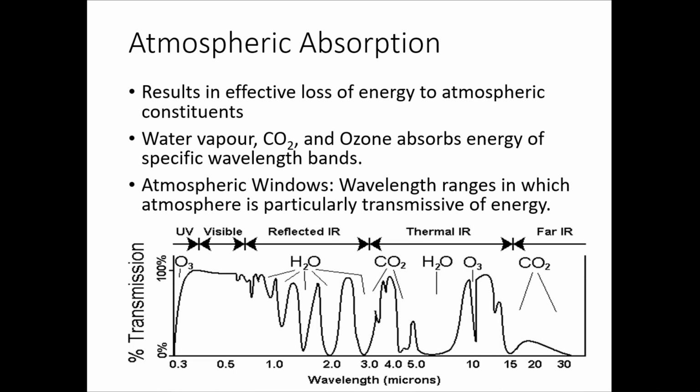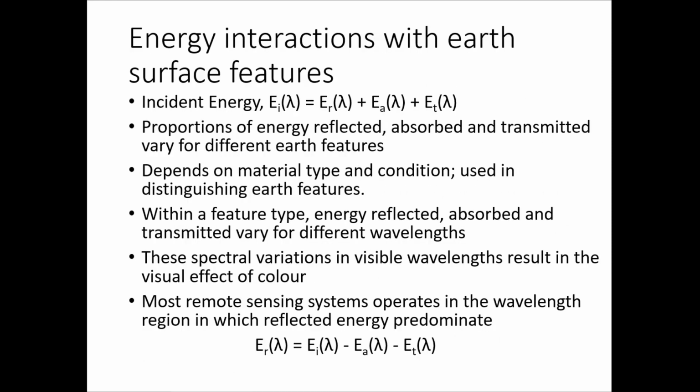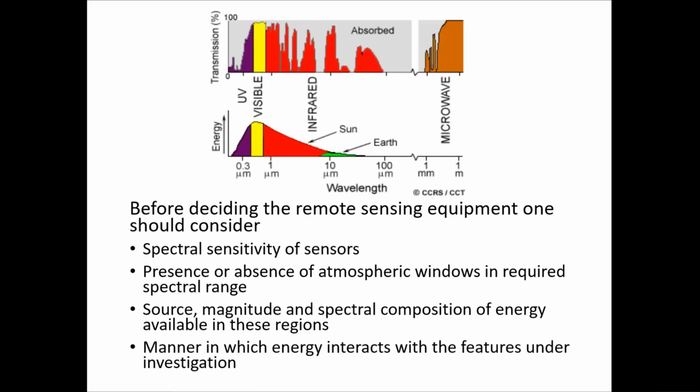So by comparing the characteristics of the two most common radiation sources, the sun and the earth, with the atmospheric windows available to us, we can define those wavelengths that we can use most effectively for remote sensing.